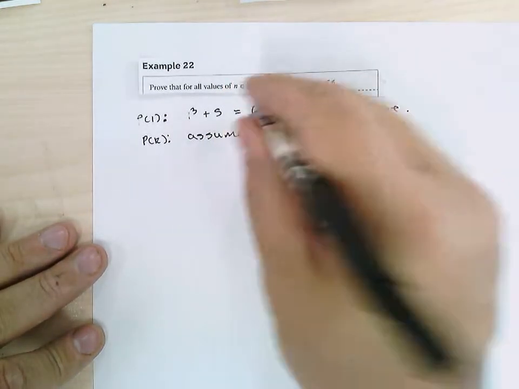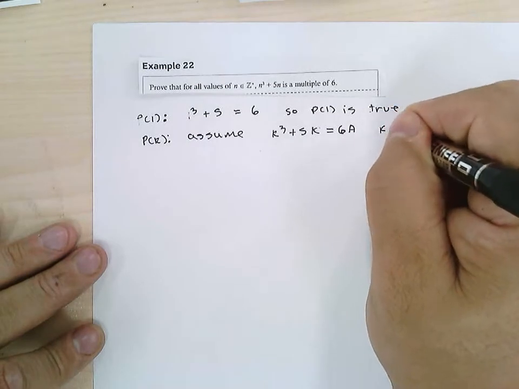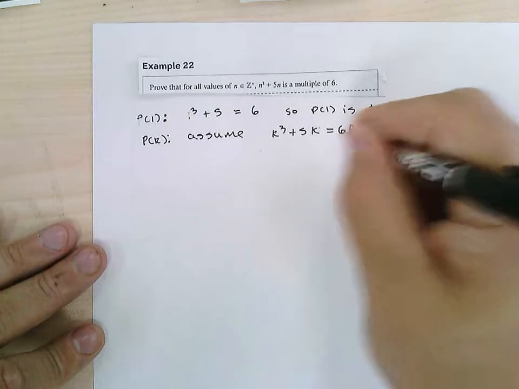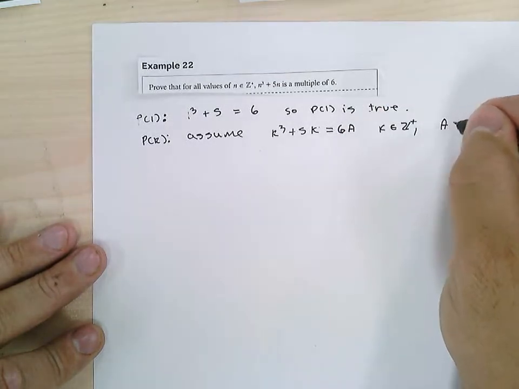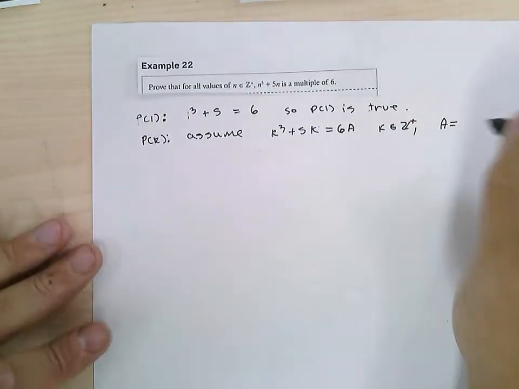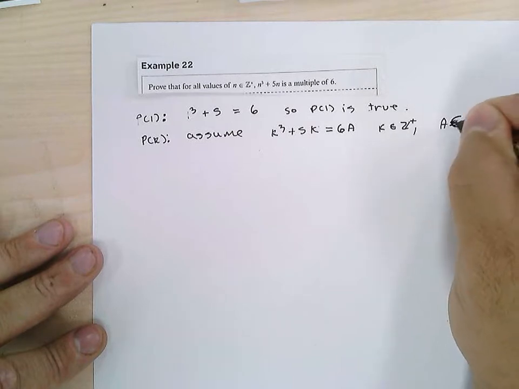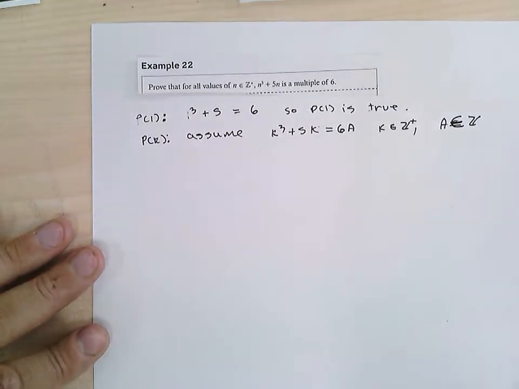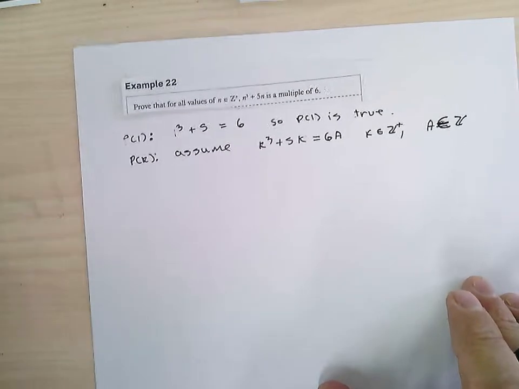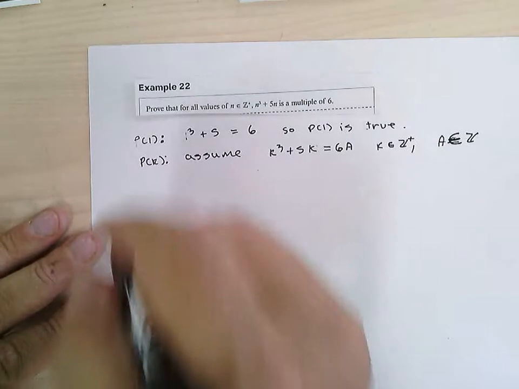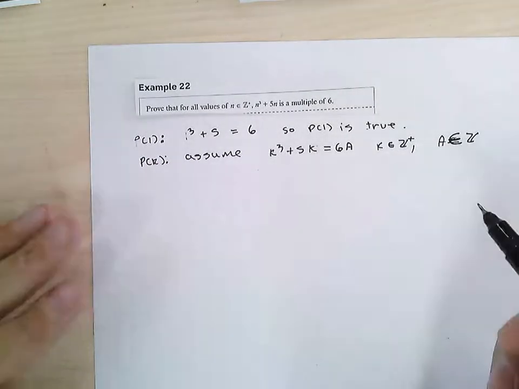We can use what we have up there, so k has to be an element of the positive integers. And we want a to be any integer. We just don't want any decimal points, to show that it's a multiple. So a is an element of the integers. It could be negative, positive, or 0, as long as it's an integer, and so on. Now we can use that later.